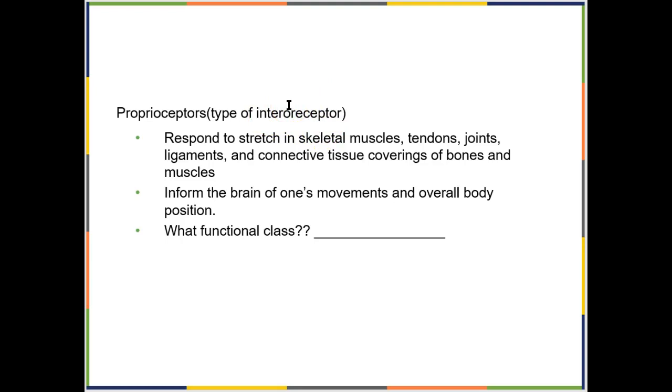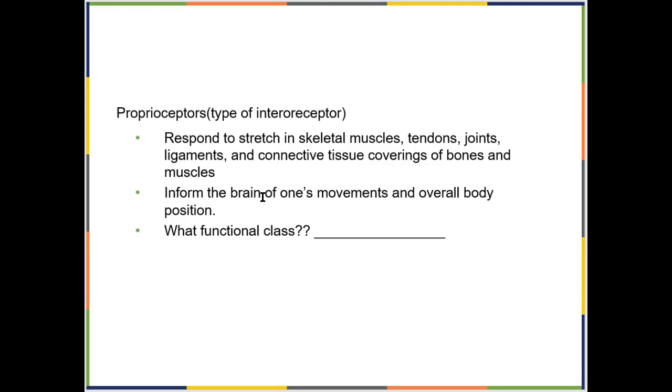They are stretch receptors that are located in all of your muscles and tendons and joints, and they report to your brain, and basically what they do is tell your brain which muscles are stretched, which muscles are contracted, and they also provide your brain with important information about how much tension you're putting on all of your joints, so that you know when to tap out in your jiu-jitsu class, if you take jiu-jitsu.